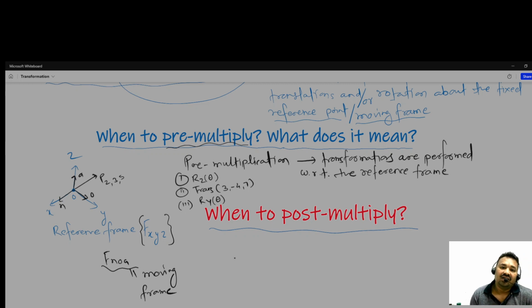ठीक है. So क्या करना पड़ेगा इसमें सबसे पहले, now we have to get the coordinates, so that's why p new is equal to, this is p old. ठीक है.